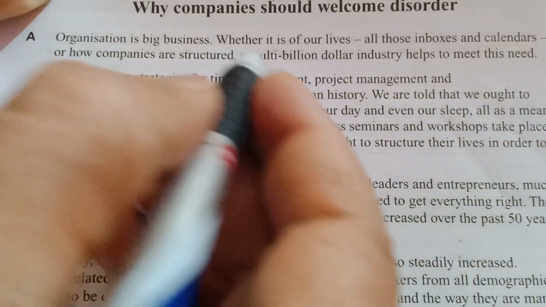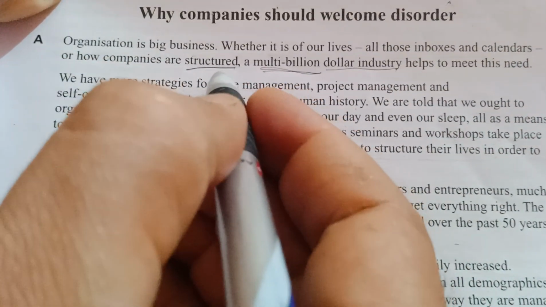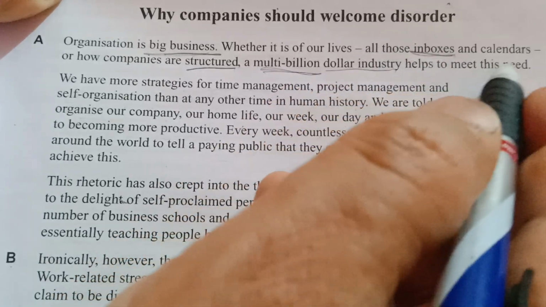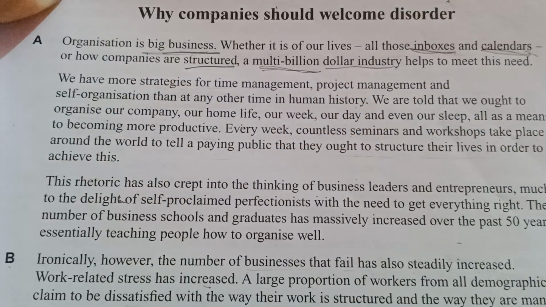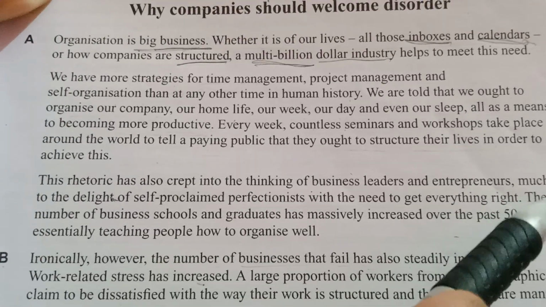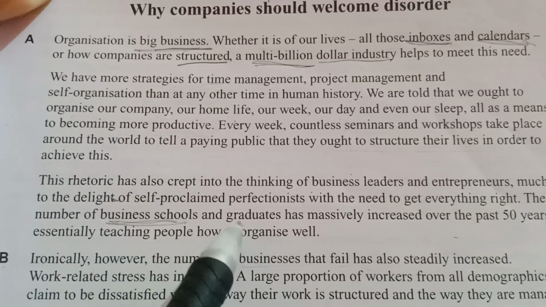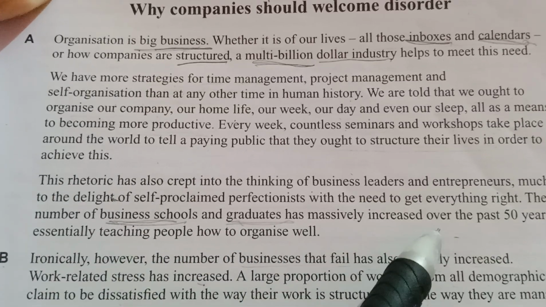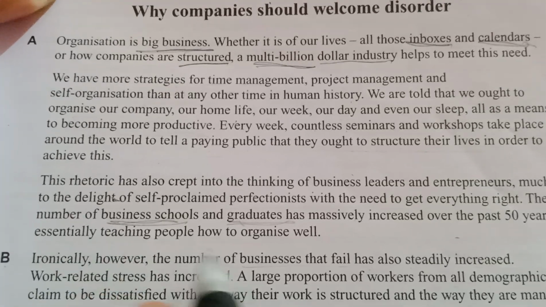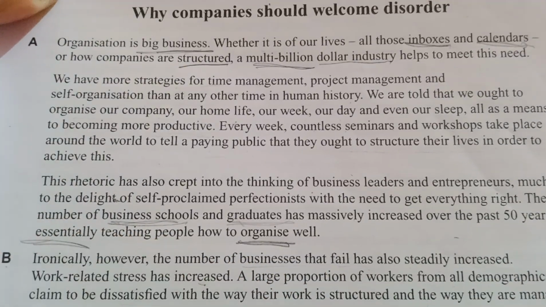So here the key words: multi-billion-dollar industry, structure, big business, inboxes, calendars. And the last 2 lines we read now: the number of business school graduates massively increased over the past 50 years, essentially teaching people how to organize well. How to organize, essential, 50 years.